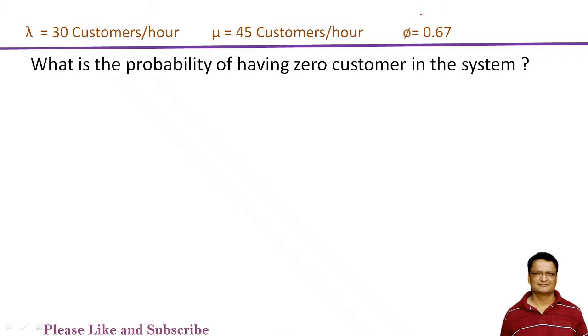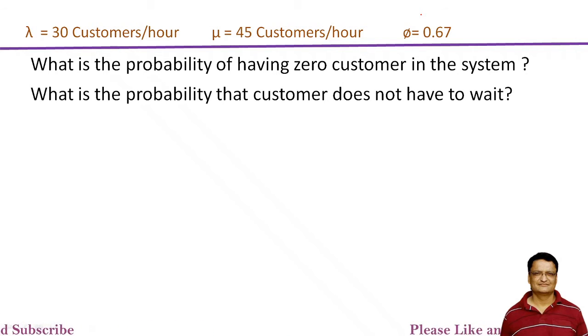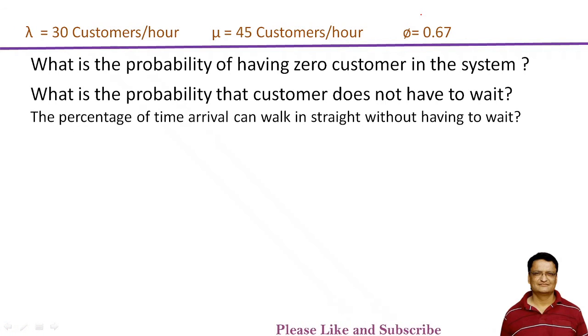What is the probability of having 0 customers in a system? What is the probability that a customer does not have to wait? And the percentage of time an arrival can walk in straight without having to wait. Again, these three questions are different, but they have the same meaning and same answer.